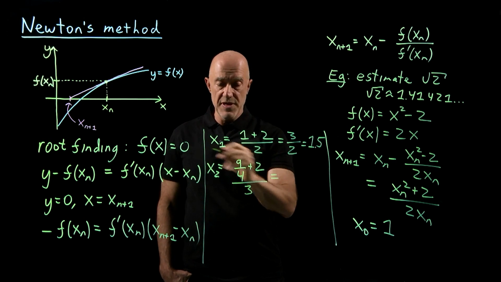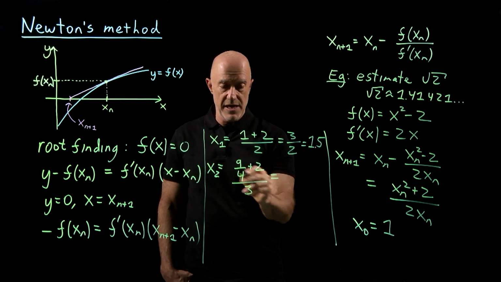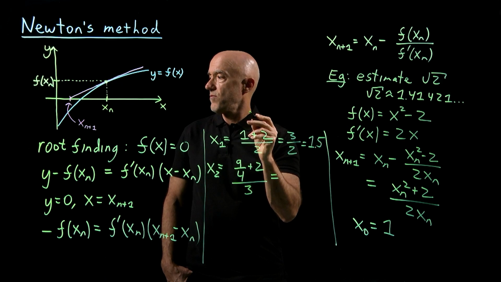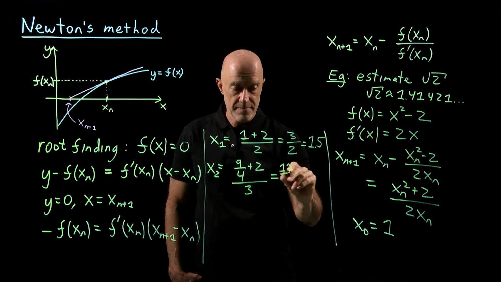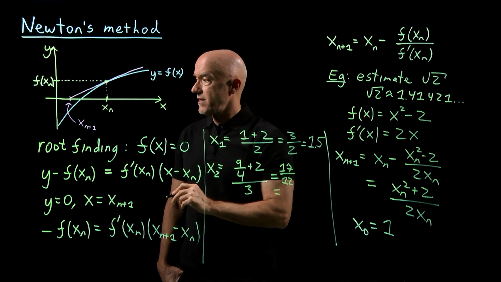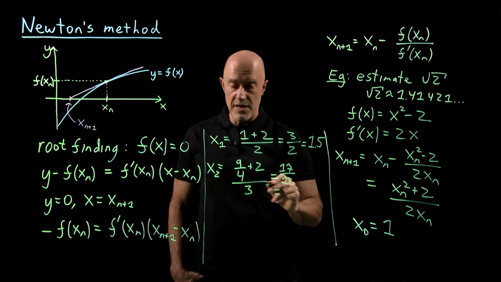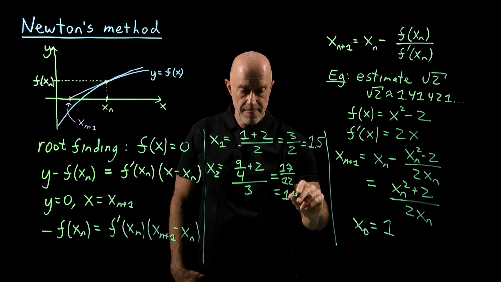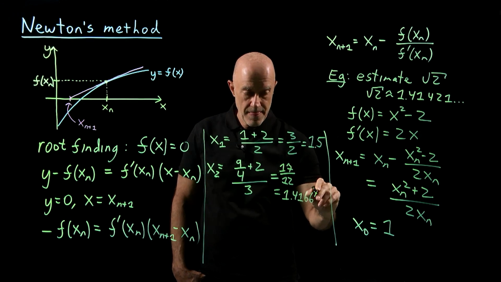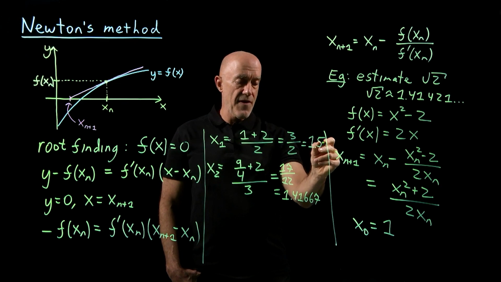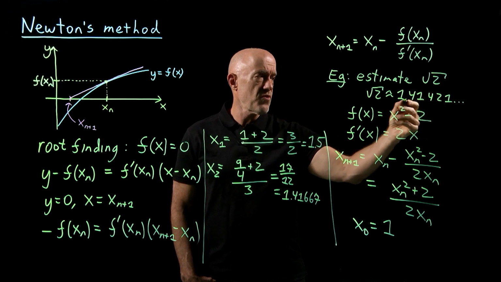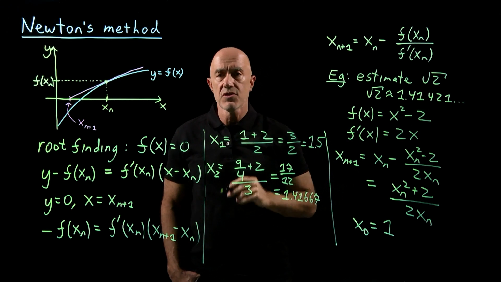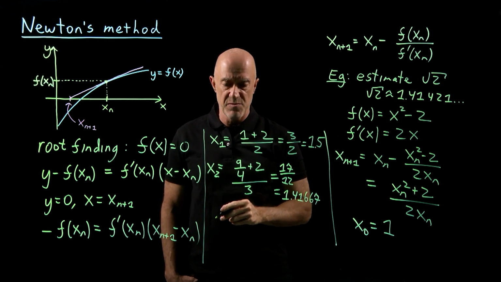And then if you put this under a common denominator and add it, we would get 17/12, which works out to 1.41667. So from 1.5, we move to 1.41667. And the root is 1.41421. So we already got accuracy to 2 decimal places.